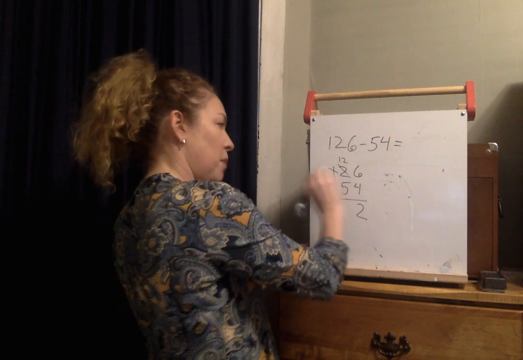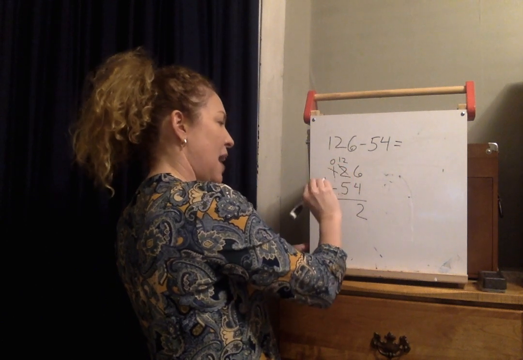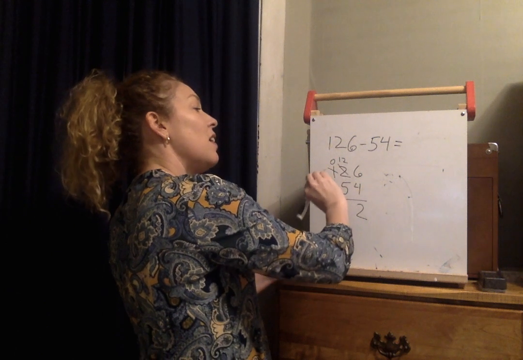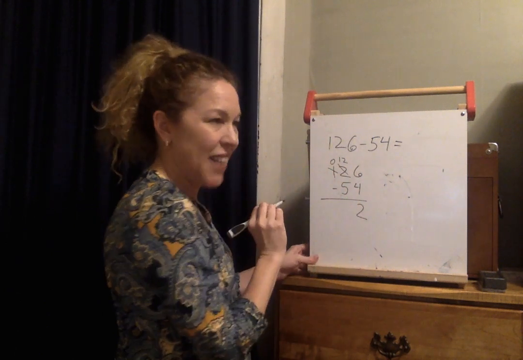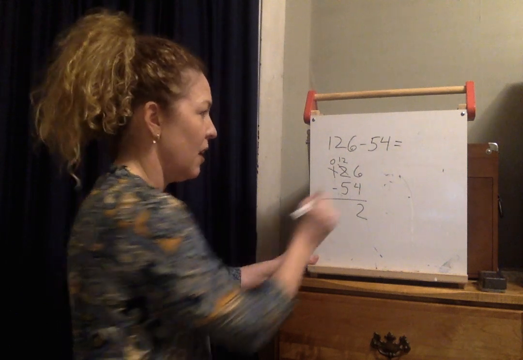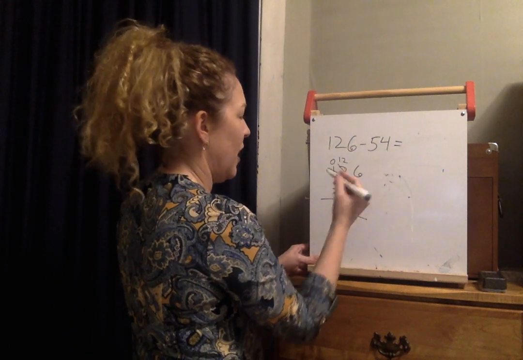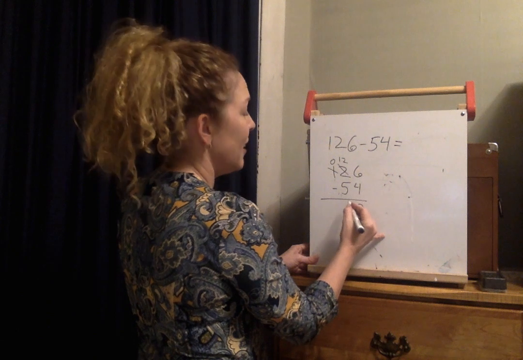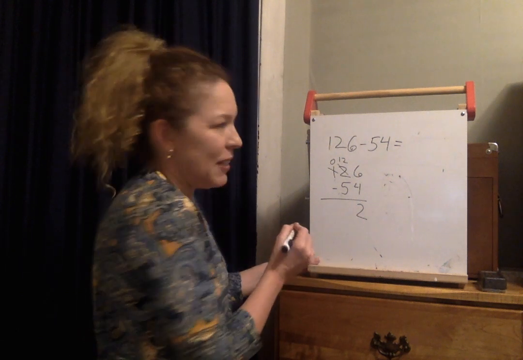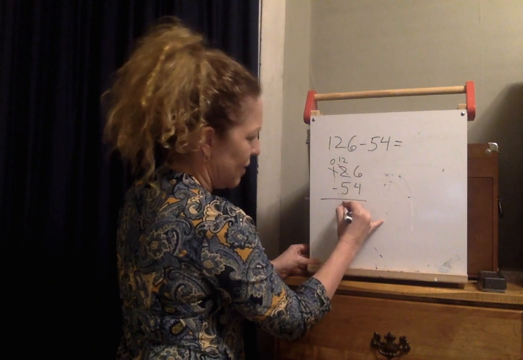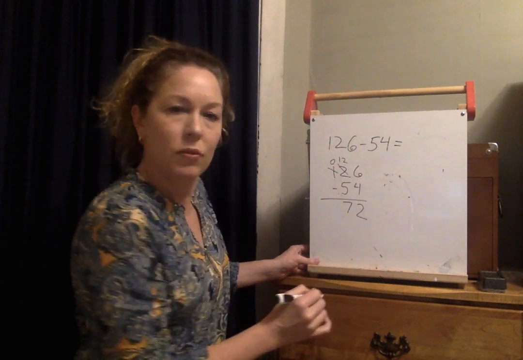I'm going to break apart my 100, so now I have no hundreds. I'm adding 10 tens to my tens column. So 10 tens is 100. So now I have 12 minus 5. And I know that 12 minus 6 is 6, so 12 minus 5 would be one more than 6, so that would be 72.